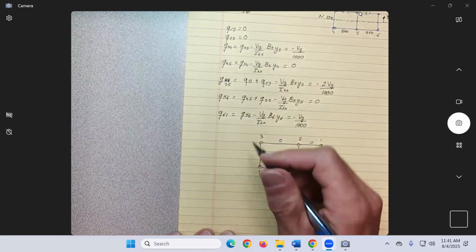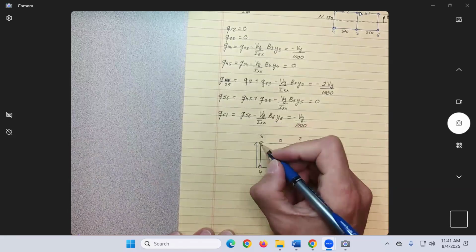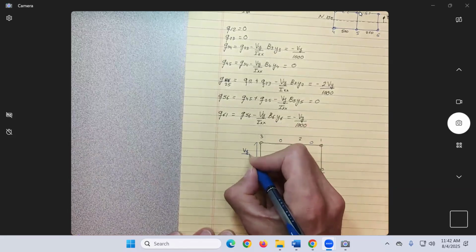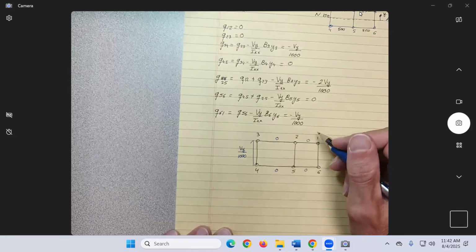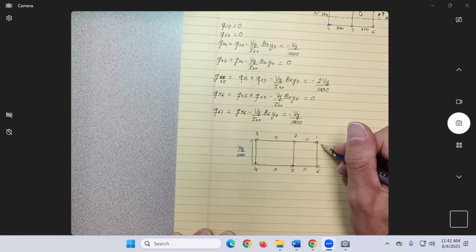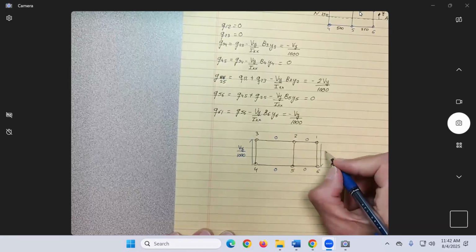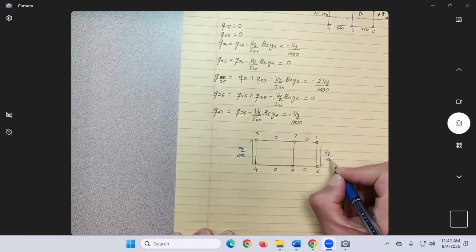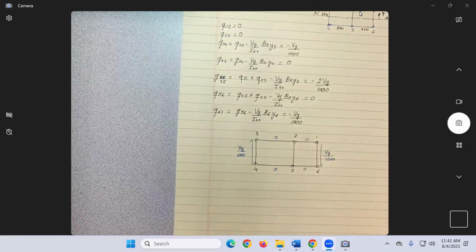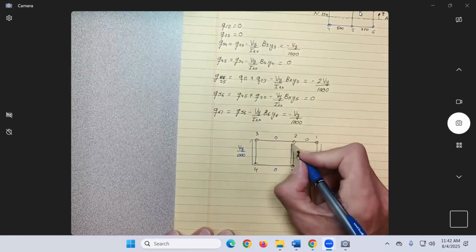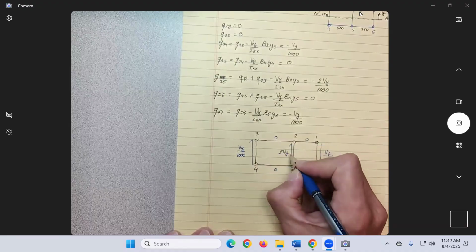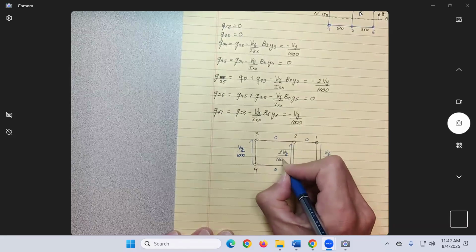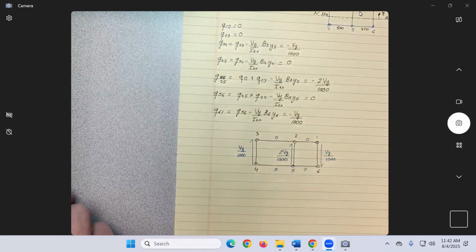Then 3, 4 is actually going up, Vy over 1000. 1, 6 is actually going down, Vy over 1000. And then what else do we have? And here 5, 2. So 2, 5 will go from 5 to 2, 2 Vy over 1000.